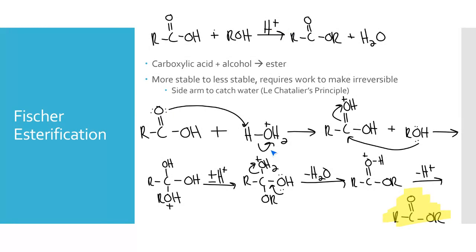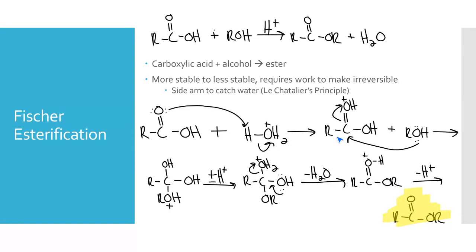This is hydronium, H3O+, which we get by dissolving strong acid in water. So we protonate this oxygen up here, which gives this oxygen a positive charge. It'll pull those pi electrons towards itself, which will enhance the partial positive charge on this carbon, which makes this a stronger electrophile.